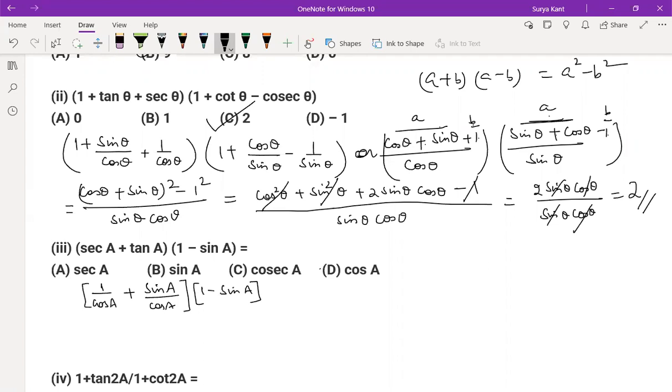Sir, can you speak a little louder, your volume went really low. So what I'm saying is, tan A you are writing in sin A by cos A form, right? Yes, sir. In the same way, what can you write for cot A? Now it's audible.